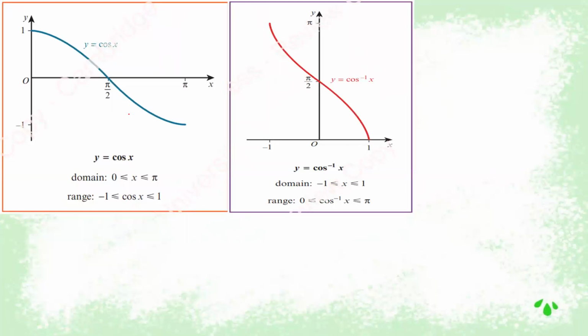This is cos curve, but they restricted it in this domain from 0 to pi so that we can find out inverse of cos that is given here, and they change domain and range in cos and sine. Okay, in cos and cos inverse. So the domain of cos is 0 to pi, means 0 to 180, and the range is minus 1 to 1. The same case in inverse, the range changes into domain and domain changes into the range.